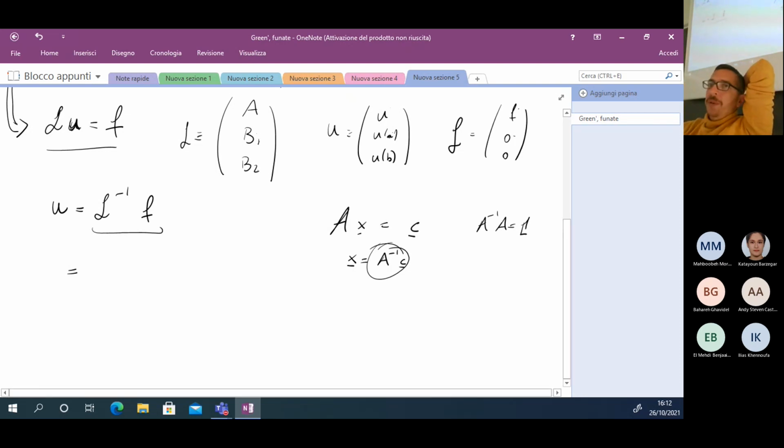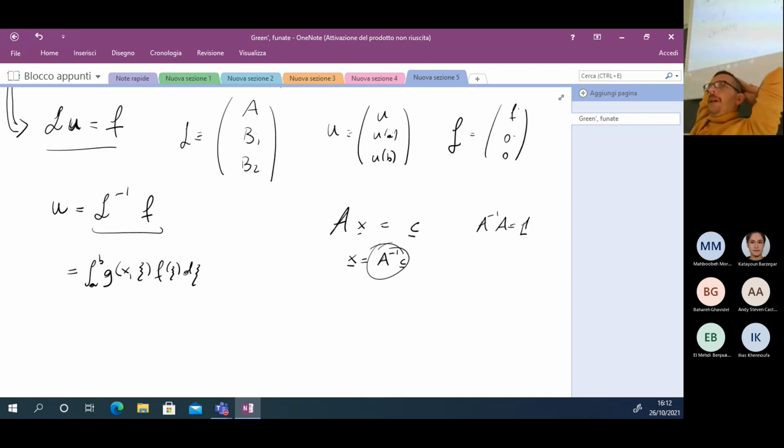I say that L minus 1 acts on the function f as the integral over the interval [a,b] of some function g(x, c) f(c) dc. So basically I'm saying that L minus 1 is an integral operator with a kernel given by g(x, c).